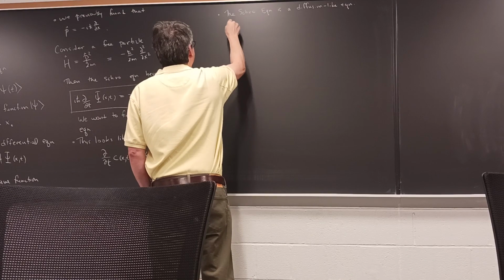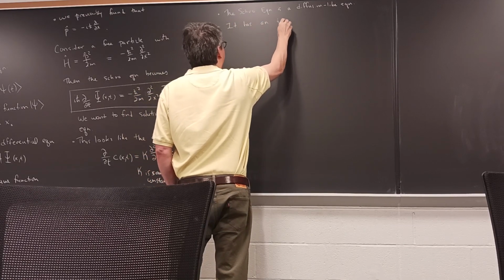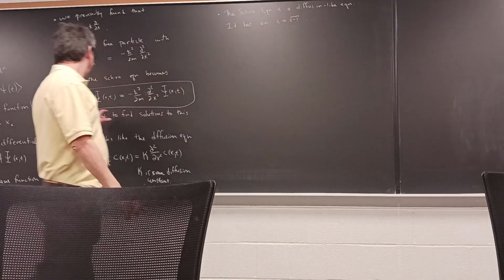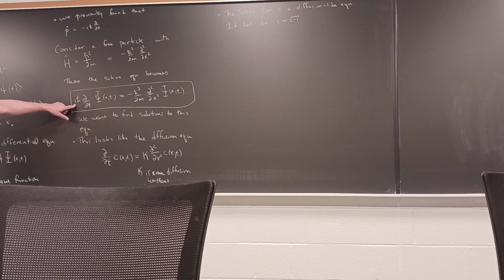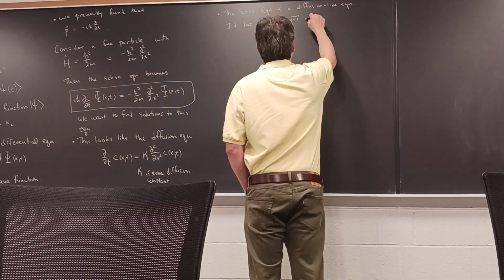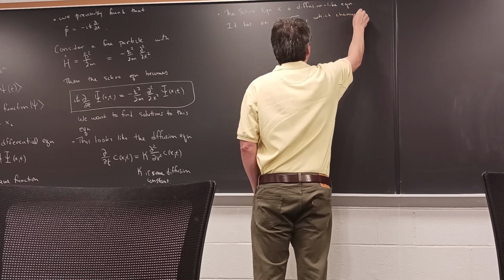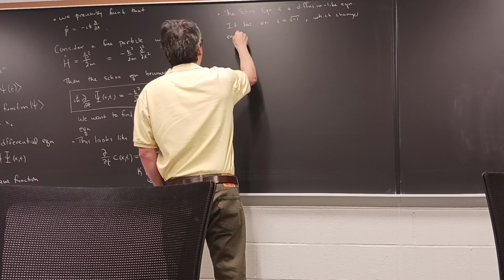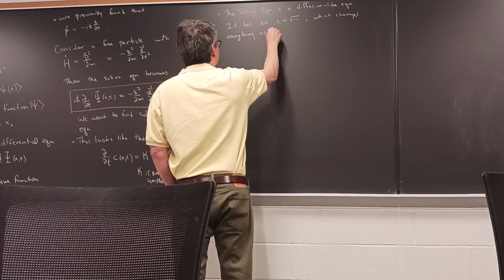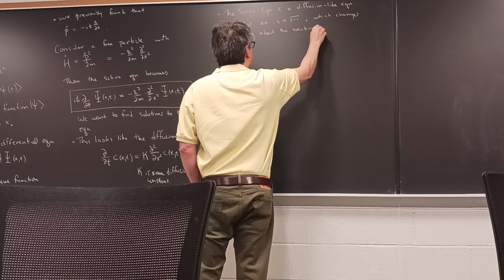It has an i equal to the square root of -1, and that changes, this little i changes everything about the character of the solutions.